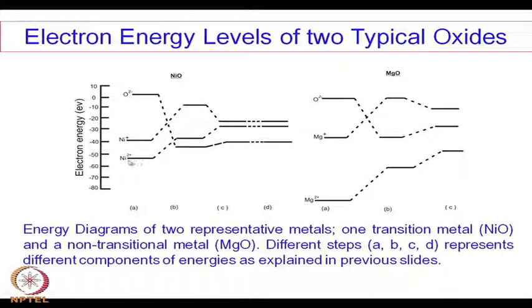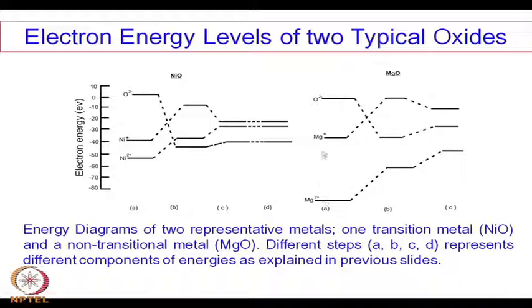We started with, let us say, the non-transition metal to start with. We have MgO, so we have bands like this: Mg2+, Mg+, O2-. These are the three levels, in isolated ions, isolated elements.